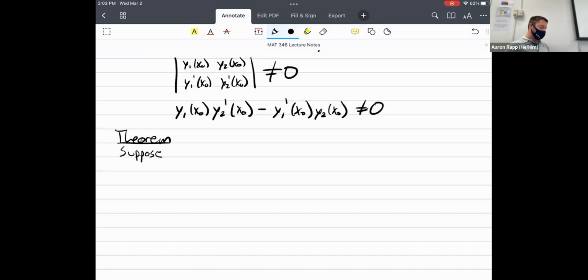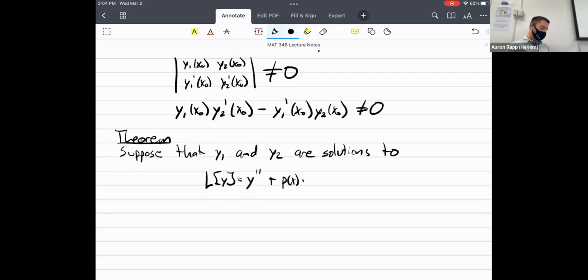So we're going to suppose that Y1 and Y2 are solutions to that same general differential equation.